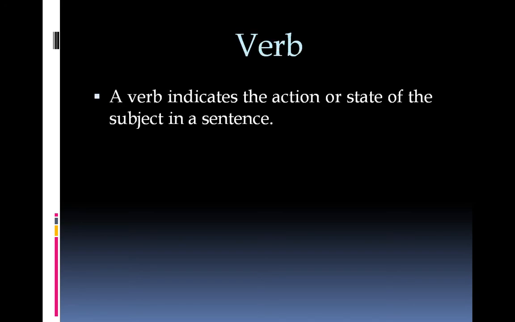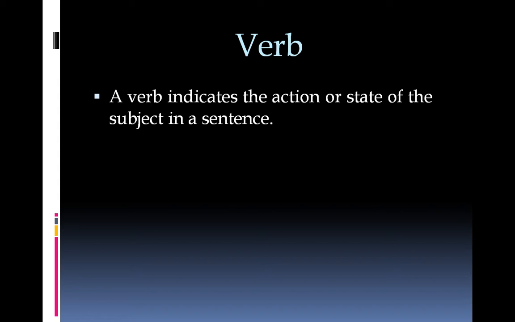Let's further explore this predicate. The first thing that we'll talk about is verb. A verb indicates the action or state of the subject in a sentence. We have mentioned in our previous lessons that in every sentence, somebody or something either does something or is something.